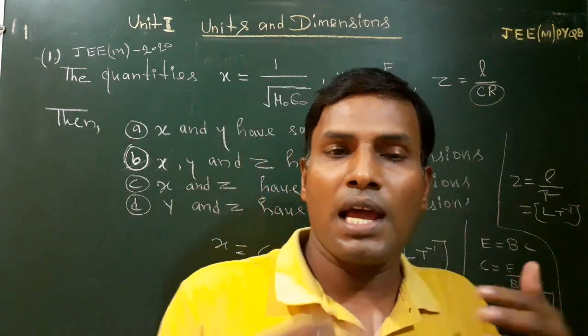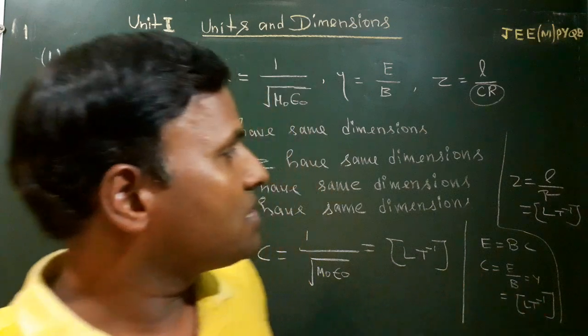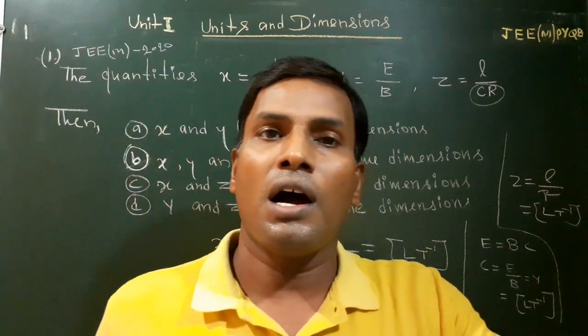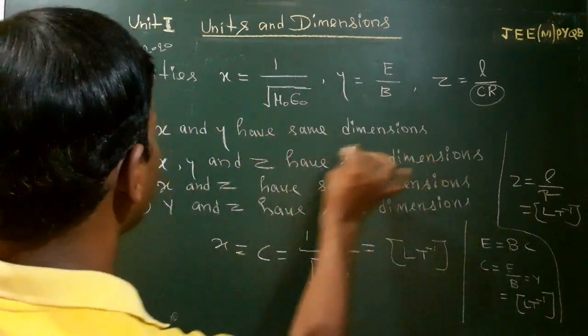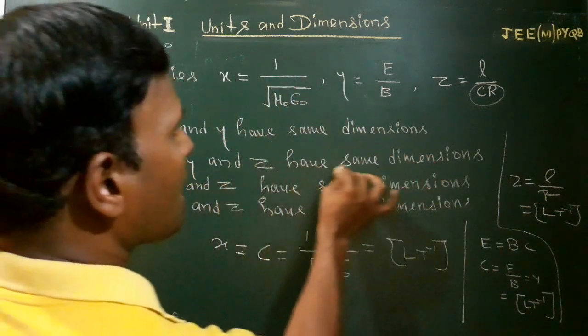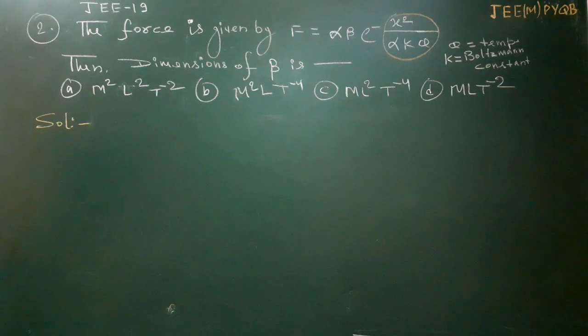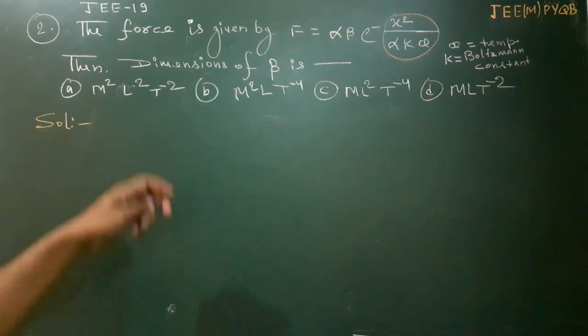On the basis of the options, x, y, z are all having the same dimension. So x and y same dimension? No. X, y, z have the same dimension. This is the answer.